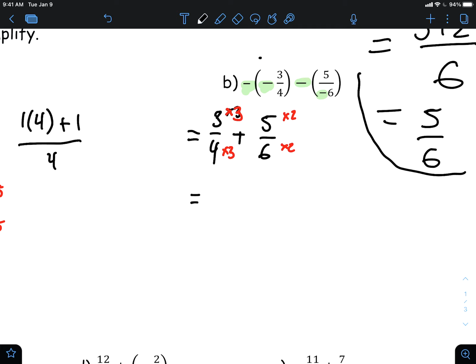All right, so 3 by 3, that's going to be 9 over 12. 5 by 2 is just going to be 10 over 12.